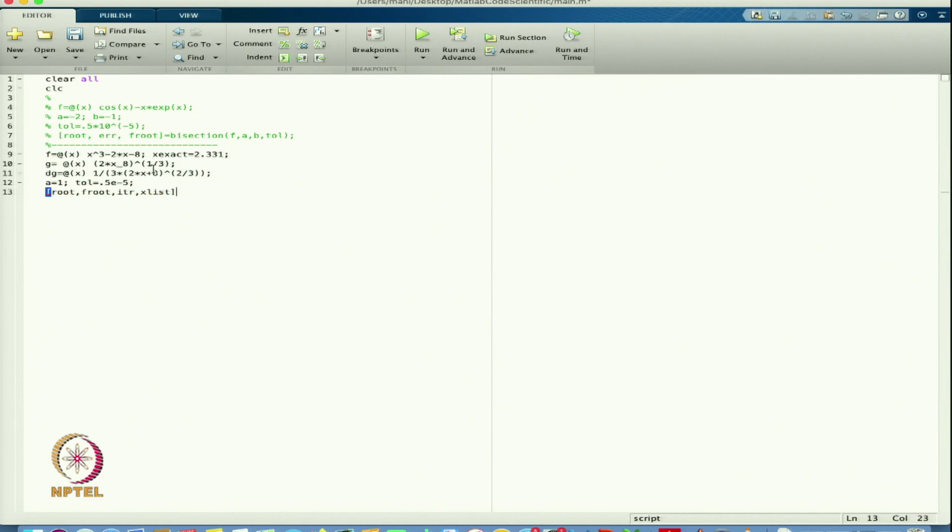These are the outputs I want from the function, and I am writing fixed point pt. That was the function I was calling. Now my f is this, g is this, so f, g, dg, a and tolerance. This is the function I am calling from here. I will just save this one.